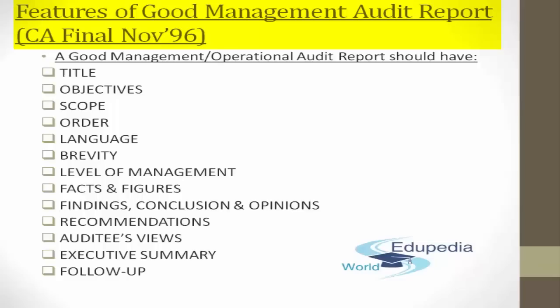A good management and operational audit report should have, first thing, a title. Before writing any management report, you need to ensure that you write the title of that report on the first page. The title should be very short but descriptive, so that the subject matter can be easily identified. Next thing comes in as objectives.